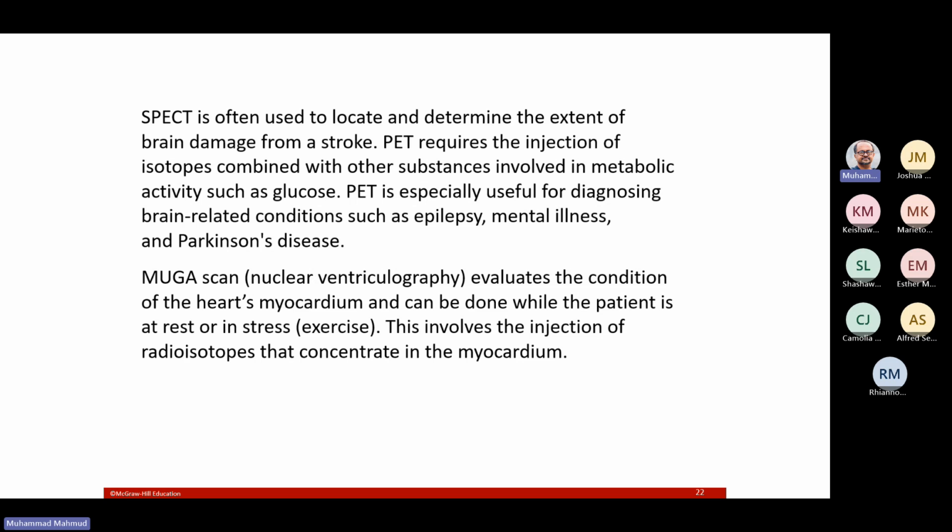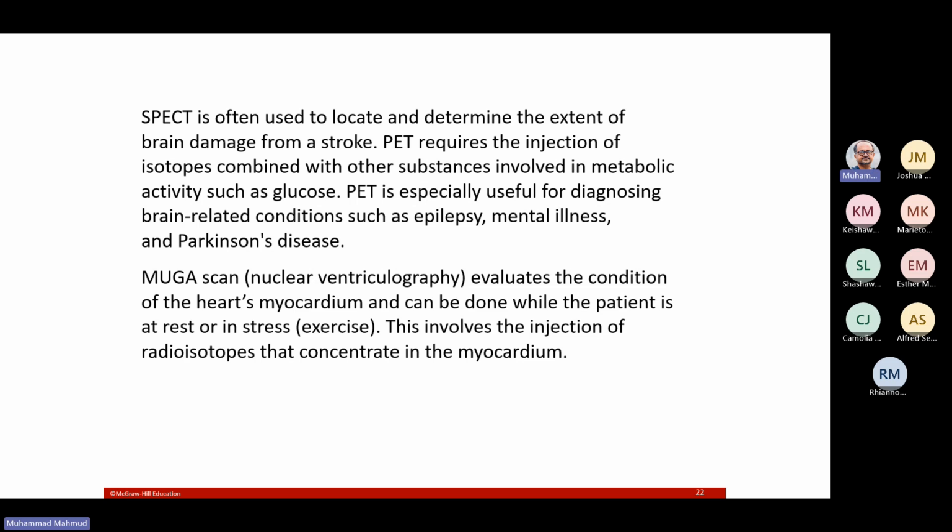SPECT is often used to locate and determine the extent of brain damage from a stroke. PET, positron emission tomography, requires the injection of isotopes combined with substances involved in metabolic activities such as glucose. It is especially useful for conditions like epilepsy, mental illness, or Parkinson's disease.